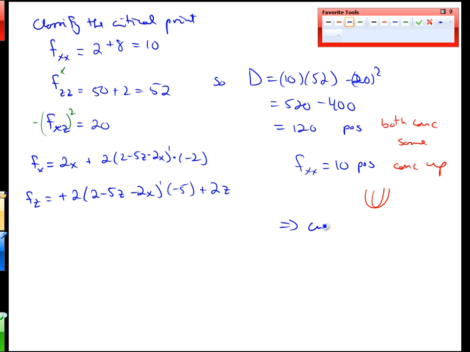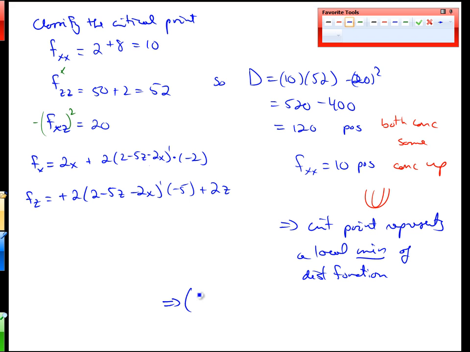And that means that the critical point that we found represents a local minimum. As we would expect, it's the closest point because it's a local minimum of the distance function.